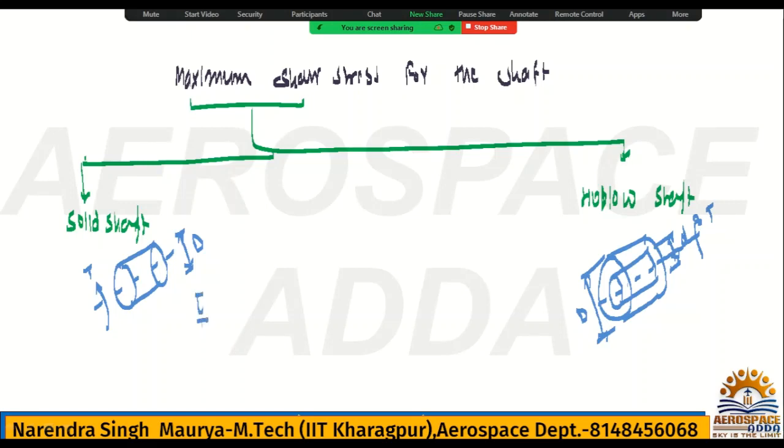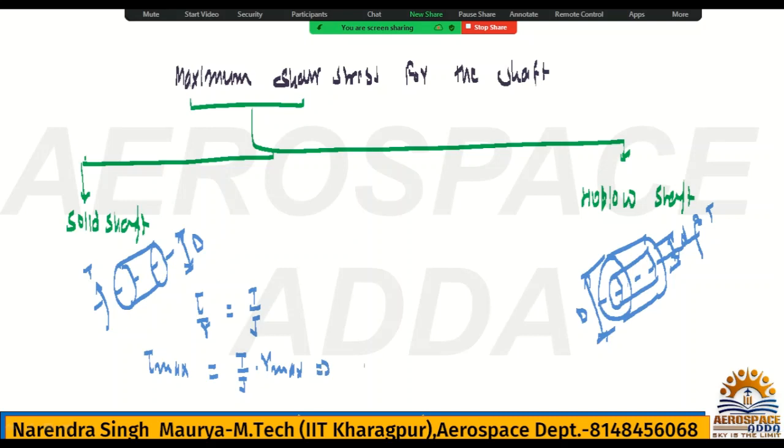Tau by R is equal to T by J. So tau max is T by J into R max.